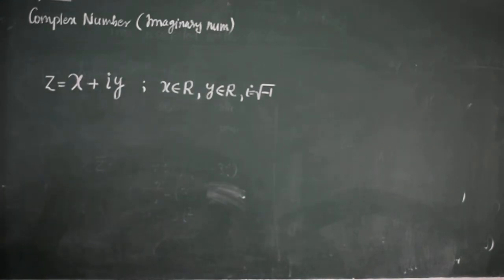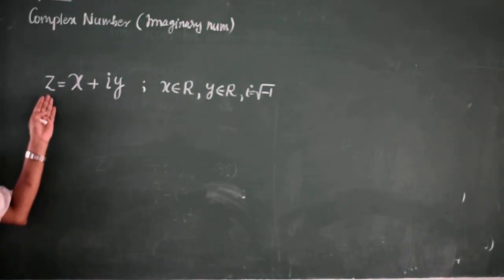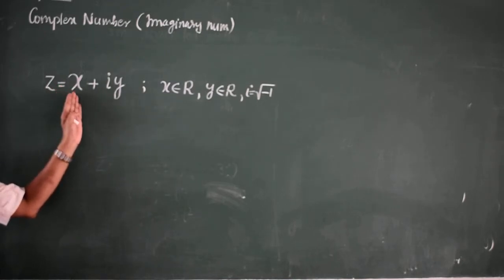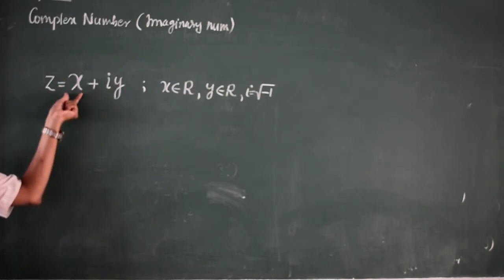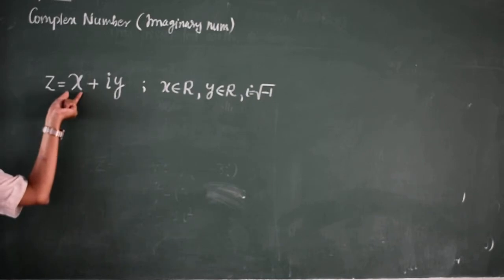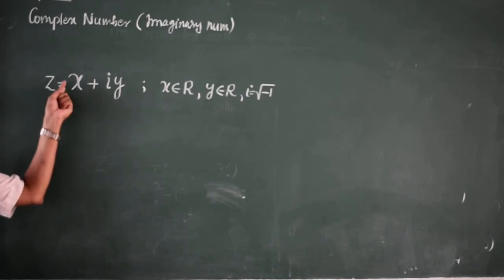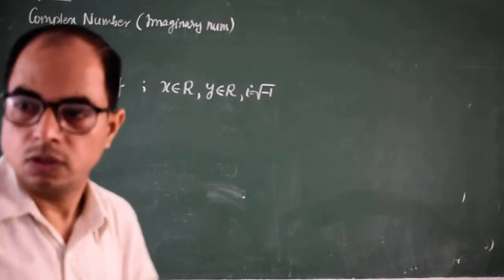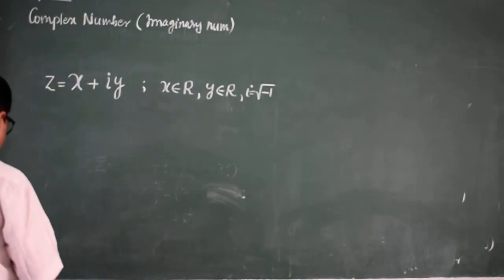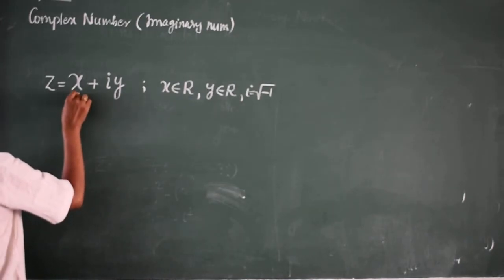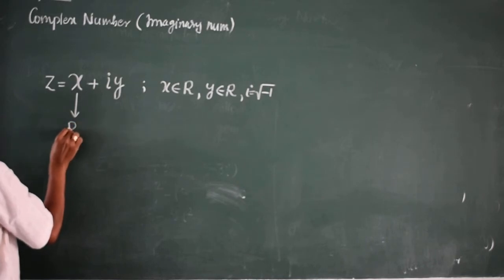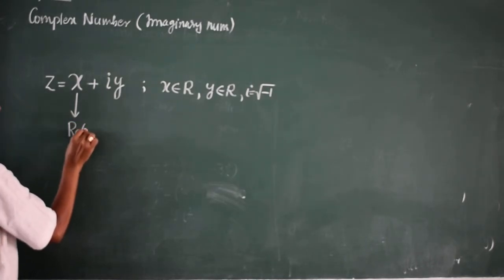Clear? So any complex number has two parts: real part and imaginary part. This part is free from iota, and that's why it is called the real part of z, denoted by Re z.